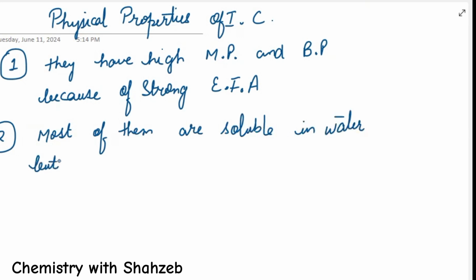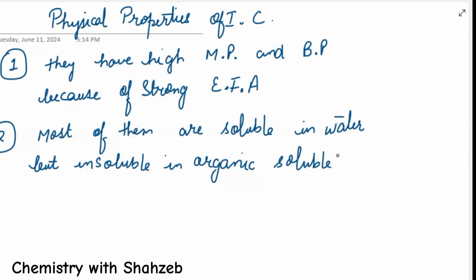The reason I'm using the word most is that some are insoluble in water, which we are going to study in the salts chapter, that is AgCl, silver chloride. We have calcium sulfate, we have barium sulfate, and we have lead chloride. So some of them are insoluble in water.